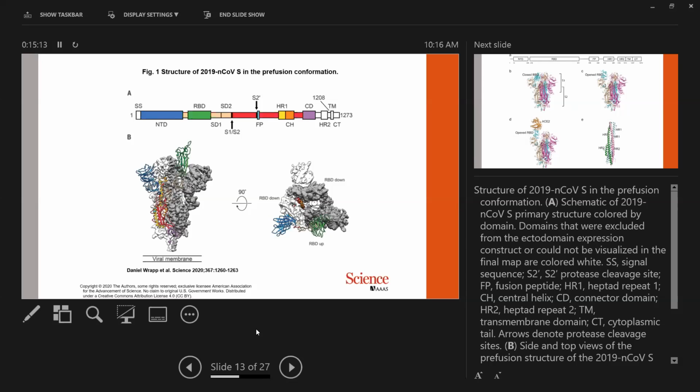It's trimeric, which is interesting because a lot of other glycoproteins from lots of other viruses are also trimeric. And when it binds to the target, I just want to also make reference, this thing has a portion that binds to the ACE2 target.